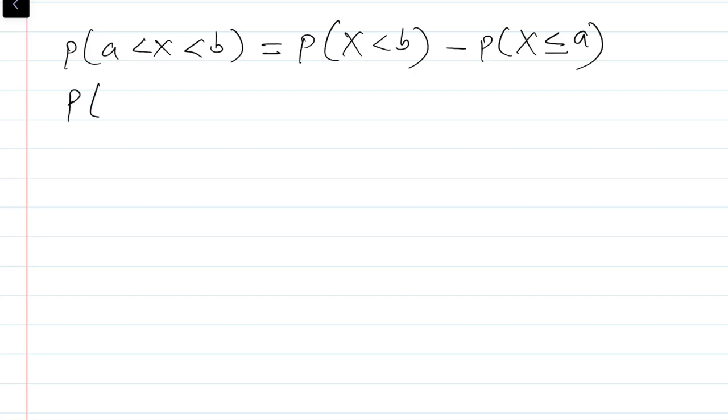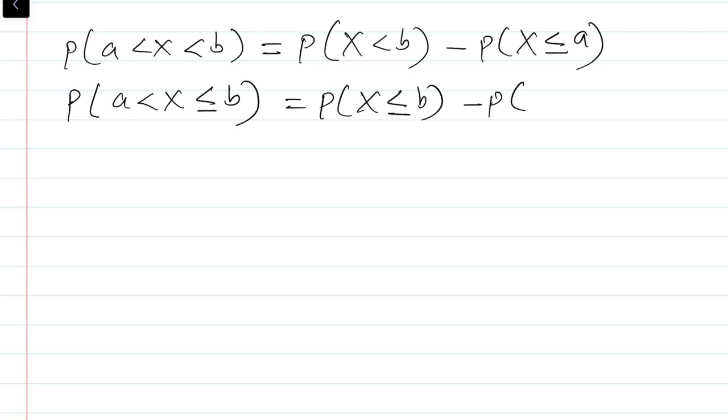Similarly, when you are asked to calculate P(x greater than a and x less than or equal to b), you can change this into P(x less than or equal to b) minus P(x less than or equal to a).